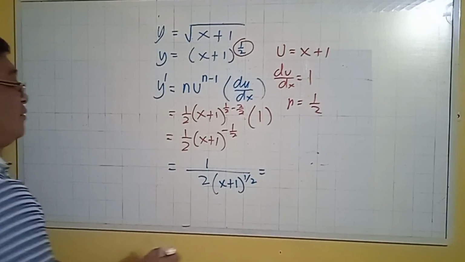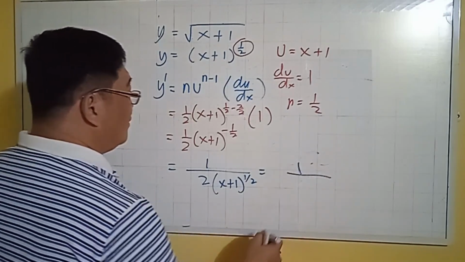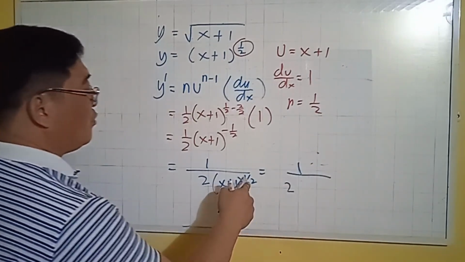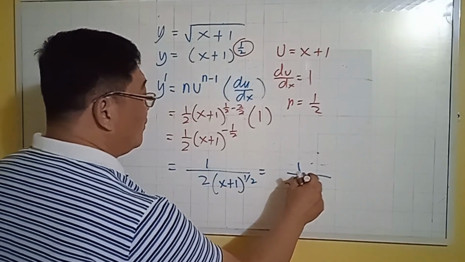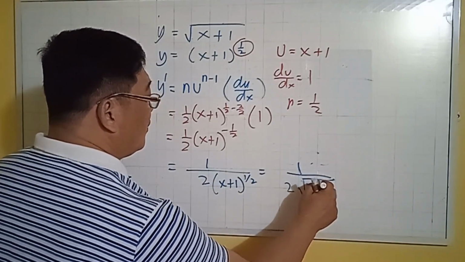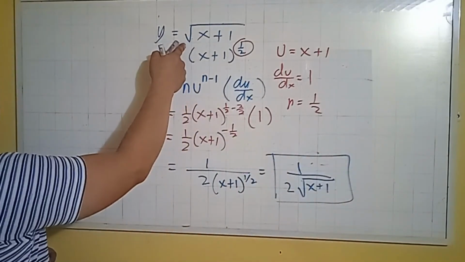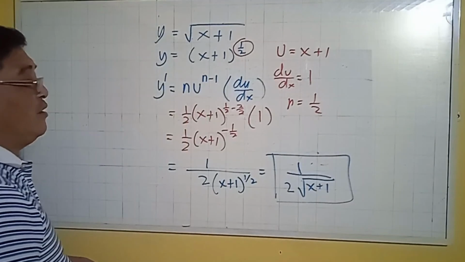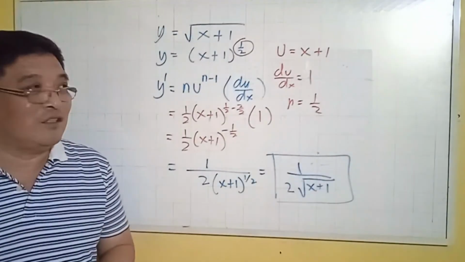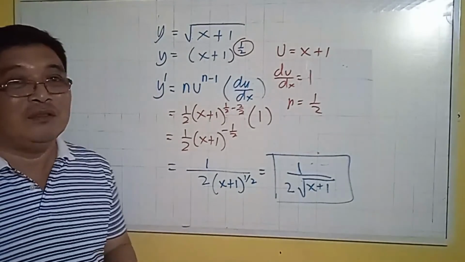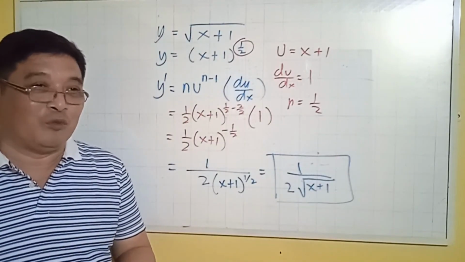And then let's rewrite. We have 1 over 2, since 1 half means that's the square root of x plus 1. So this is the derivative of the square root of x plus 1. Okay, that's all for chain rule if you're going to find the derivative.